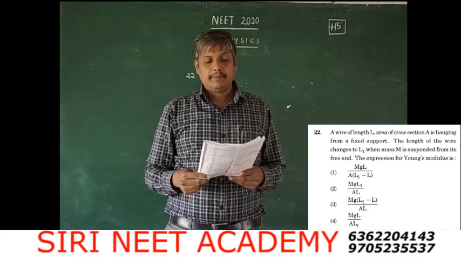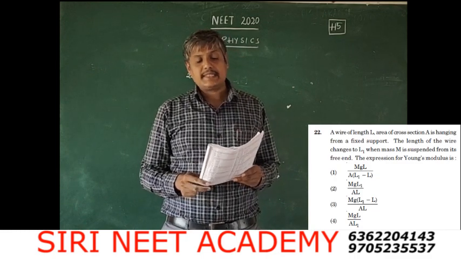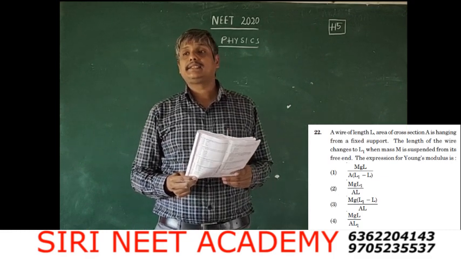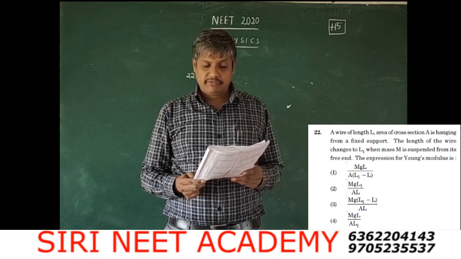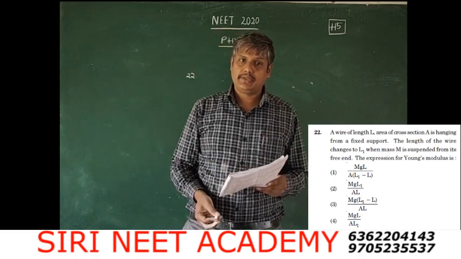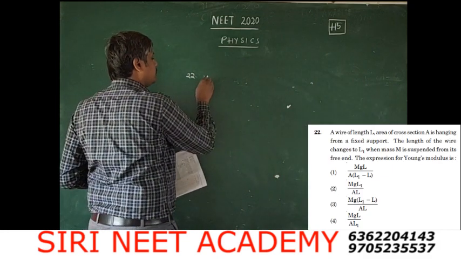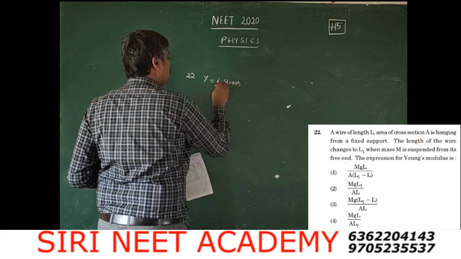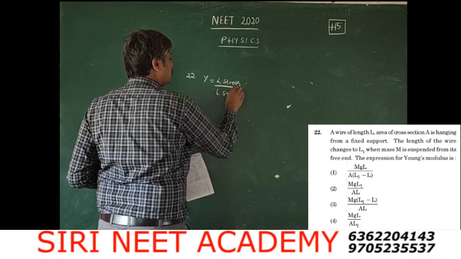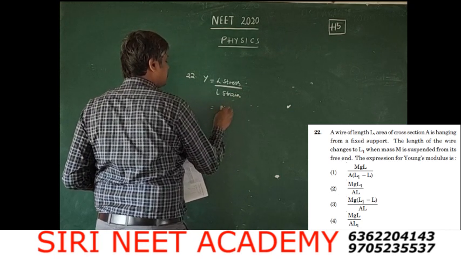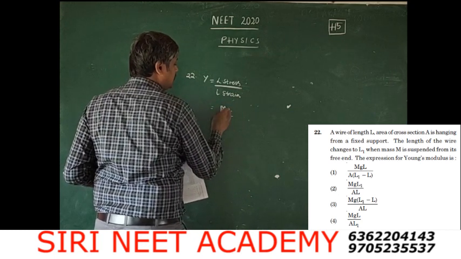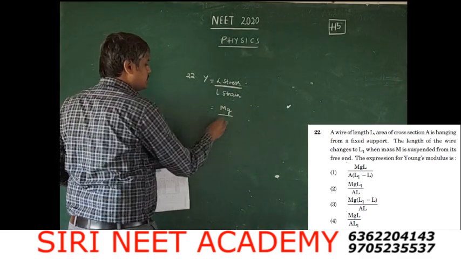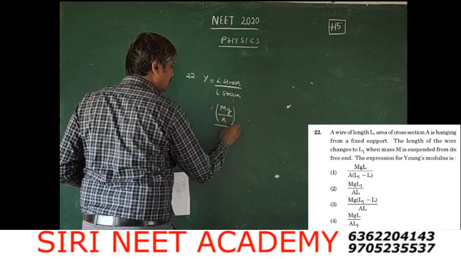A wire of length L, area of cross section A, is hanging from a fixed support. The length of the wire changes to L1 when mass M is suspended from its free end. The expression for Young's modulus. So we know that Y is equal to longitudinal stress by longitudinal strain. Stress, as we discussed earlier, is the restoring force, which is equal to mg, and area is A. So this is the stress.